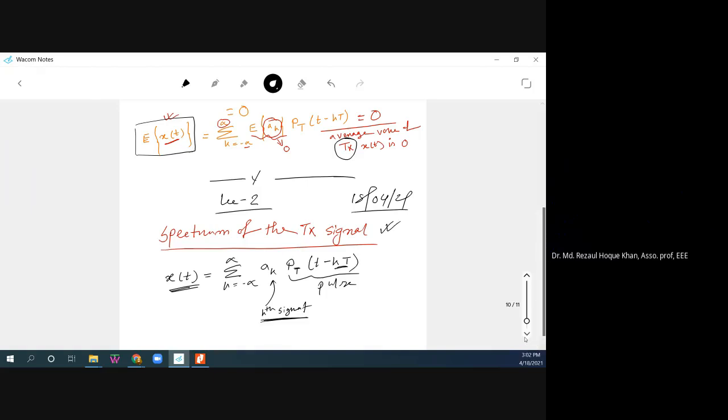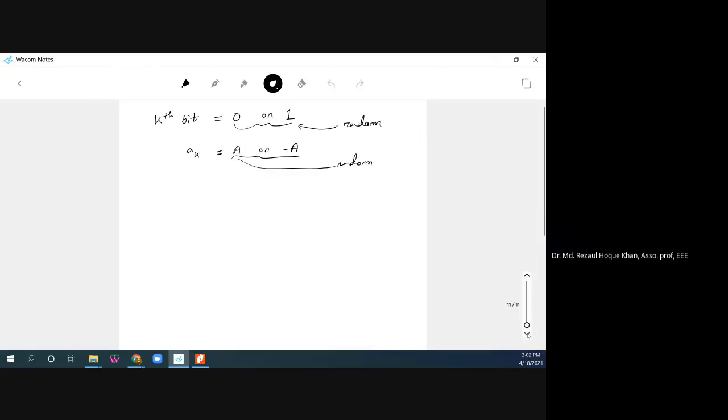We can have it by Fourier transform. So our signal was x(t), right? If we do the Fourier transform of x(t), if we convert it to its Fourier, then we can have X(f).